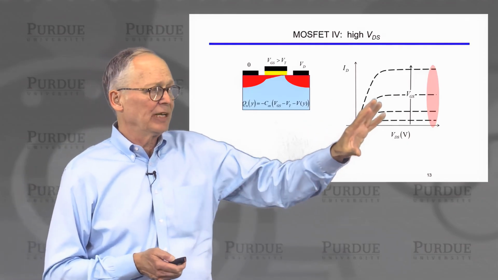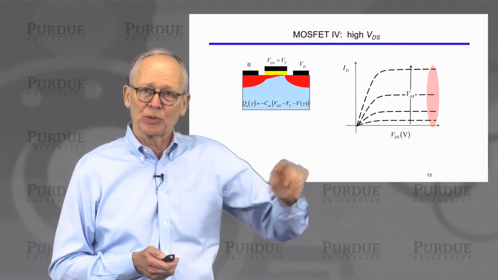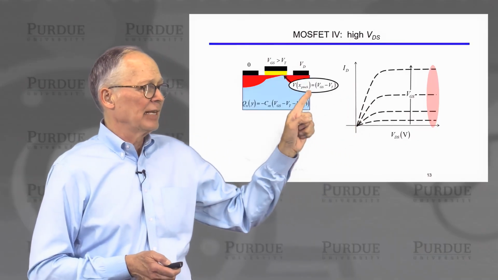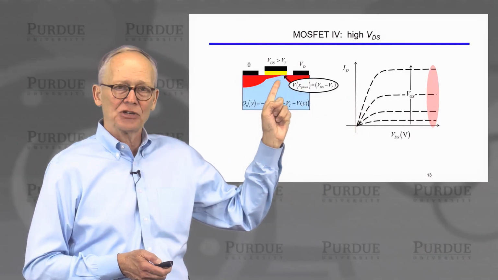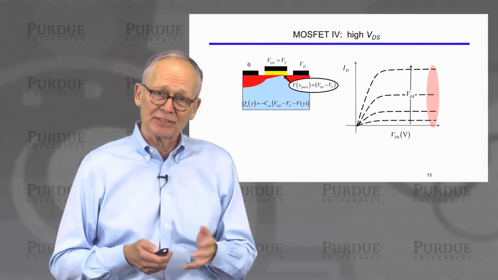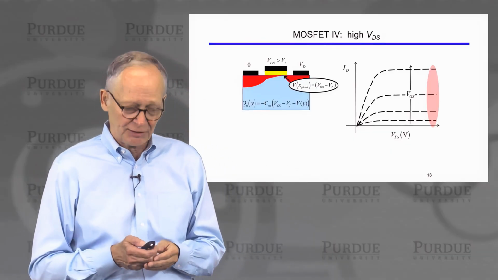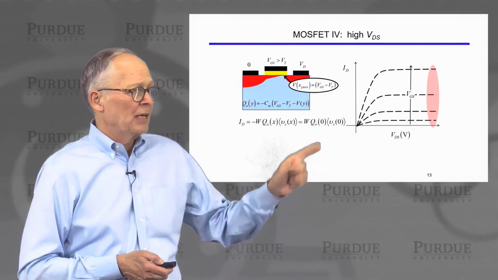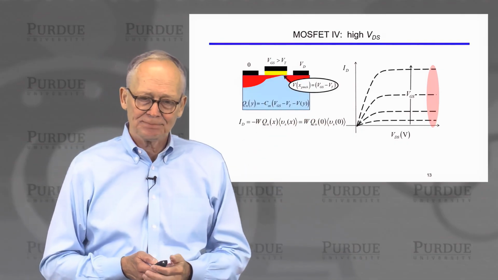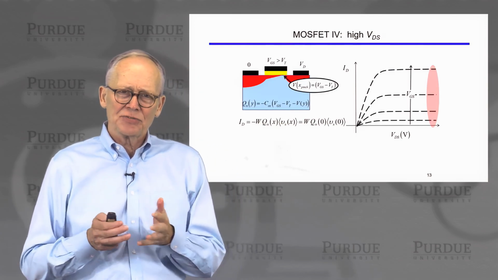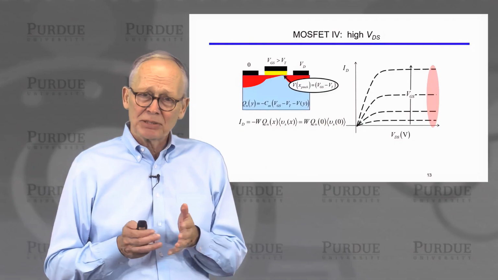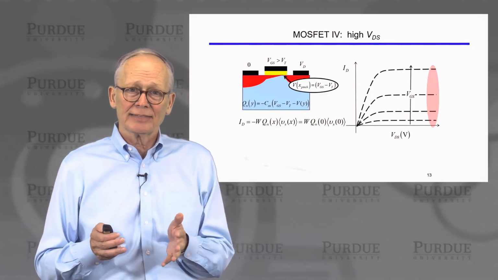Okay, so we're trying to understand the IV characteristics of this square law device. We know that at the end of the channel, at the end of the part of the channel that has charge in it, the voltage is Vg minus Vt. We've just deduced that's what puts the charge to approximately 0. So current is still width times charge times velocity. Since the charge varies everywhere and the potential varies everywhere, but the current is constant, the current is the same everywhere.